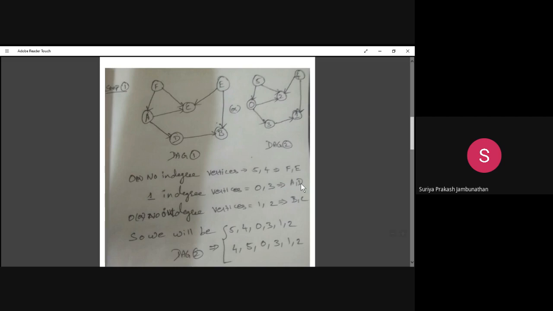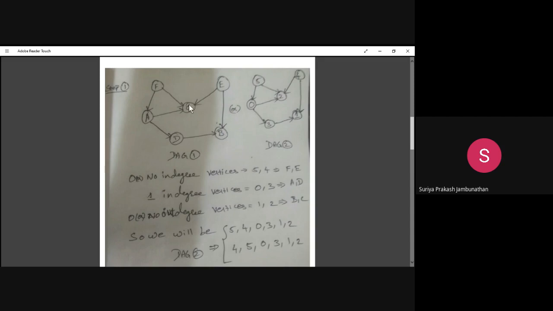Okay. So next, 0 out degree vertices. Which and all are having 0 out degree? From that particular node, there is no further edge that will go out. So 0 out degree vertices: C and B are the 0 out degree vertices. Very good.